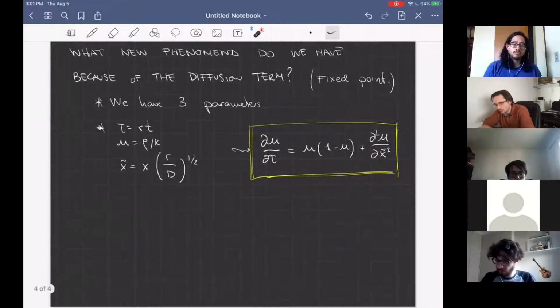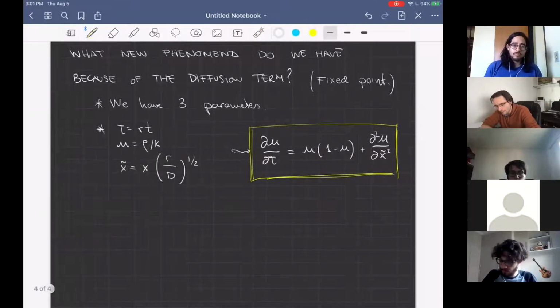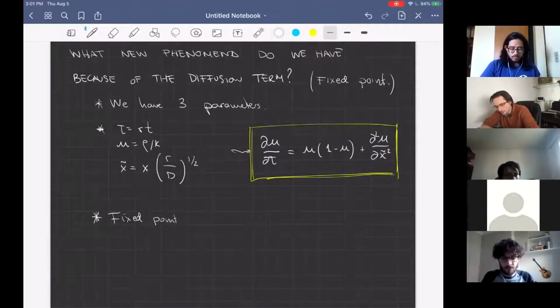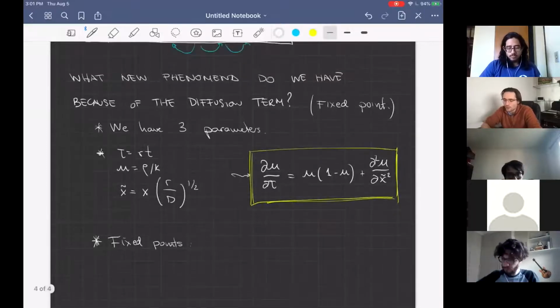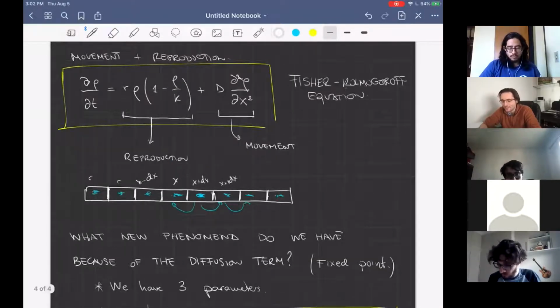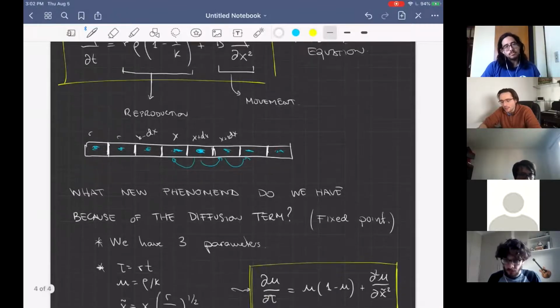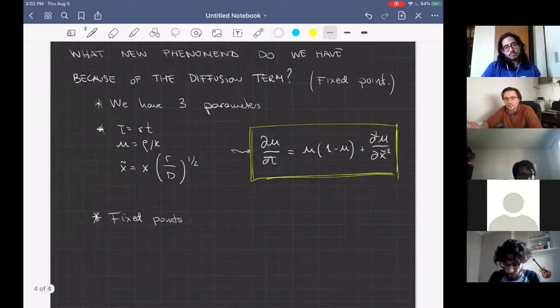So now the next thing that I'm going to do is I am going to follow Amanda's advice. I like it a lot, and I'm going to say, what are the fixed points of my system? Now, I'm not saying that before it was hard, because I agree with many of you that the way this equation was written, it was not very hard to get the fixed points. But now it's even easier. I am going to assume that my solutions are uniform in space, okay?